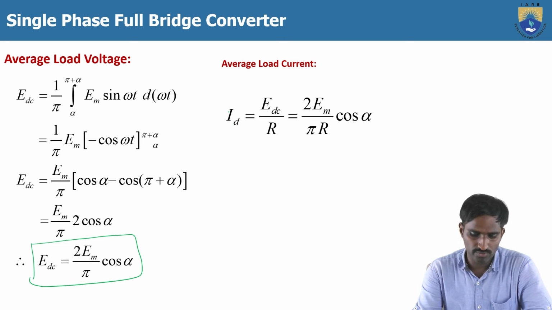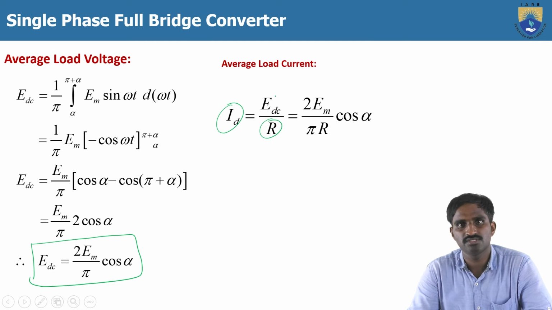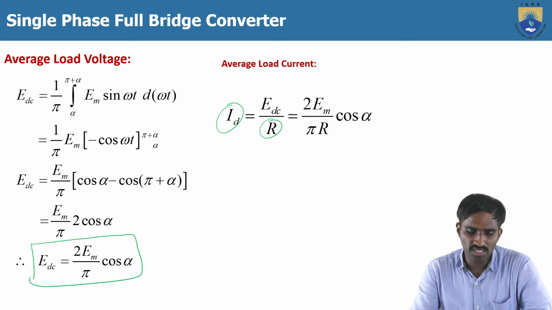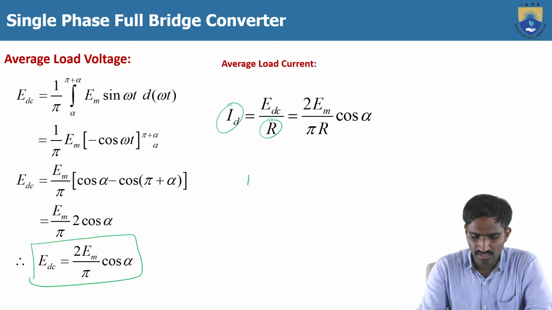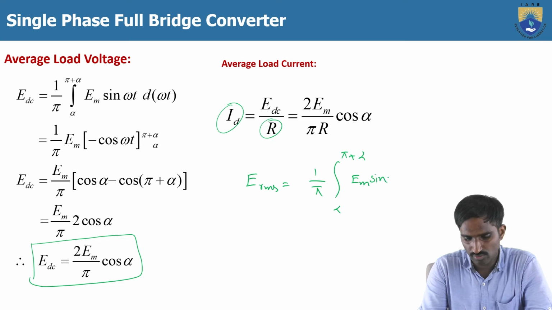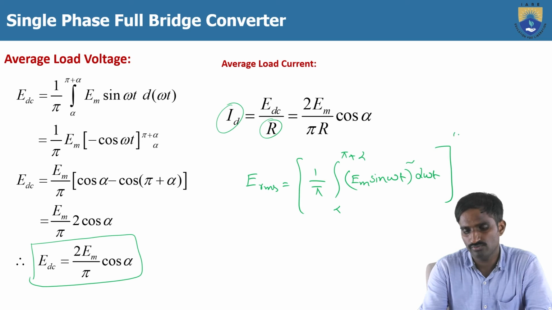Similarly, if you want Id, then EDC by R, you will get Id, that is the average value of the DC current. Similarly, RMS also you can find. So in case of RMS, the equation will become Erms equal to 1 by pi into integral alpha to pi plus alpha Em sin omega T whole square into d omega T whole to the power of 1 by 2.